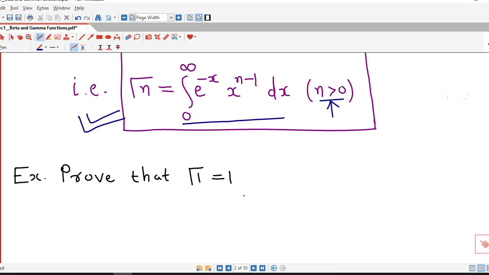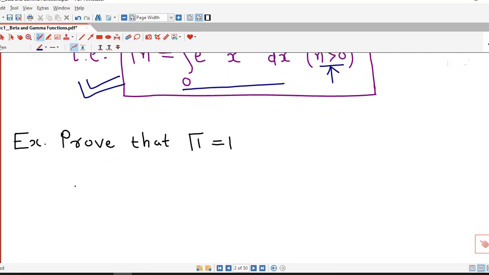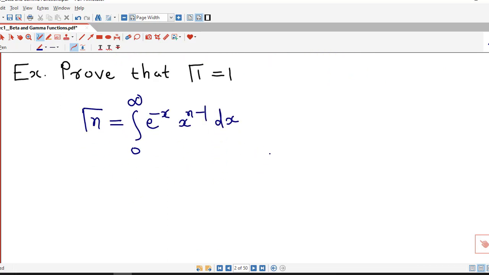Using this definition, we can prove that if we consider n equal to 1, then the value of the gamma function at n equal to 1 is 1. First we write gamma n equal to the integral from 0 to infinity of e raised to minus x times x raised to n minus 1 dx, by definition of the gamma function.